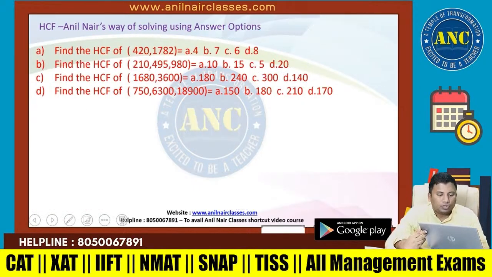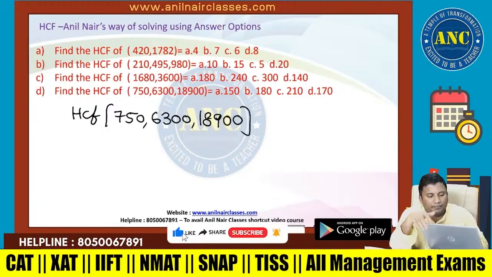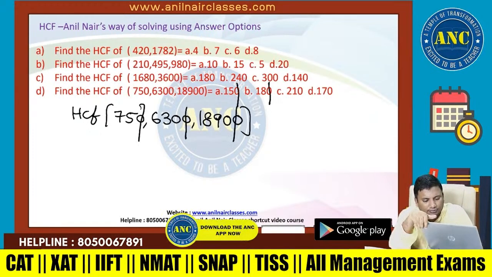Option D. H.C.F of 750, 6,300 and 18,900. What I will do is, I want a very simplified calculation. So I will delete one 0 in all the question and answer, everywhere.